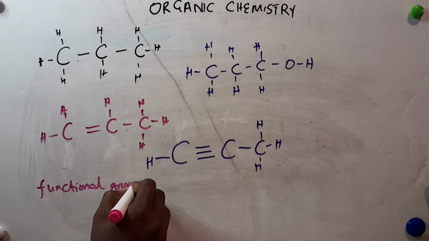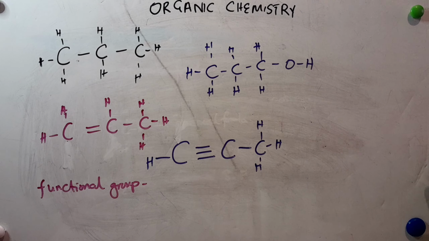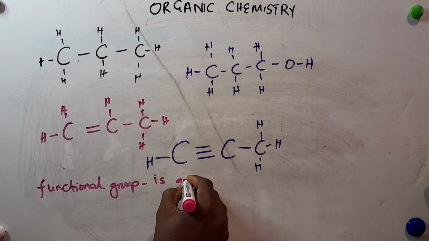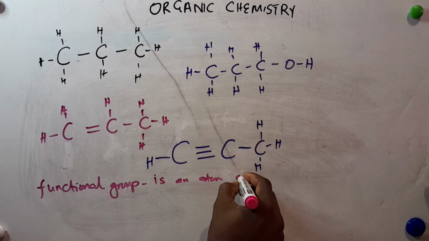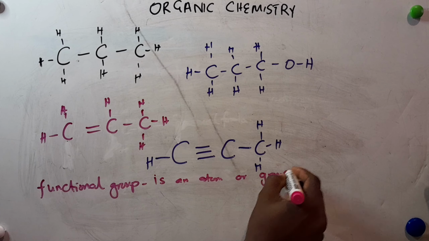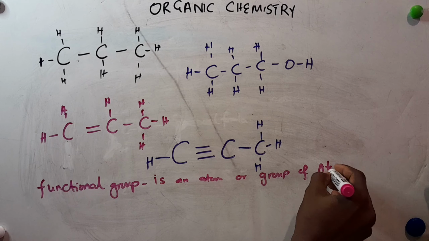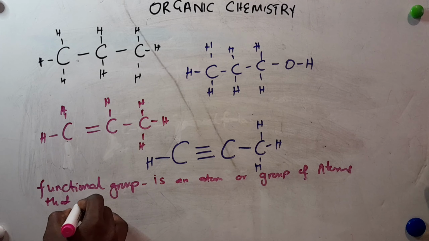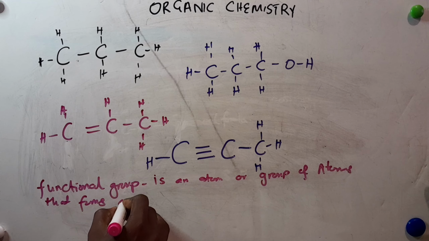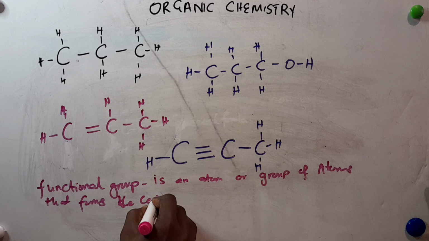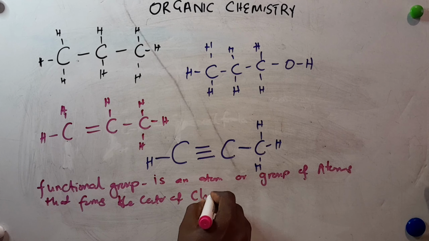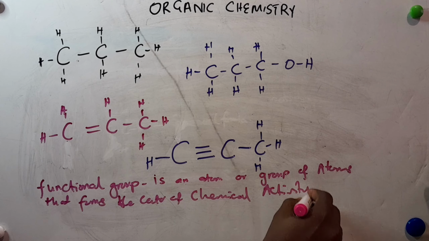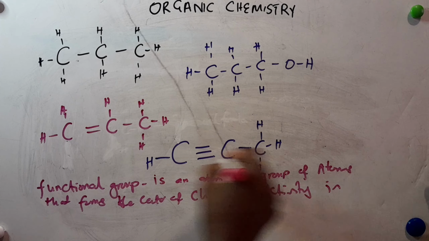So what is the functional group of a compound? The functional group is an atom or a group of atoms that forms the center of chemical activity in the compound.